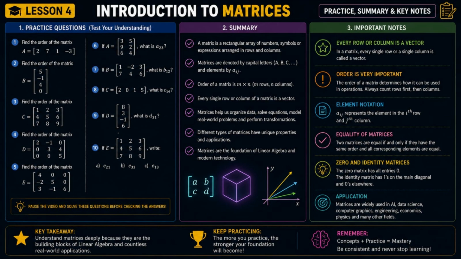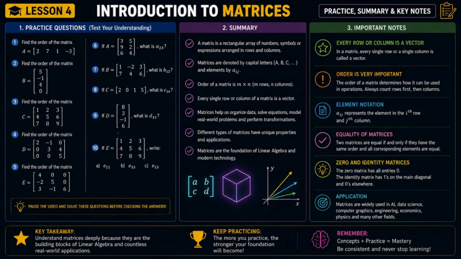Important notes. Before we finish, here are a few important concepts every student should remember. A common misconception is that only a column is called a vector. In fact, every single row or every single column of a matrix can be considered a vector, depending on the context. Always remember that the order of a matrix is written as rows times columns.